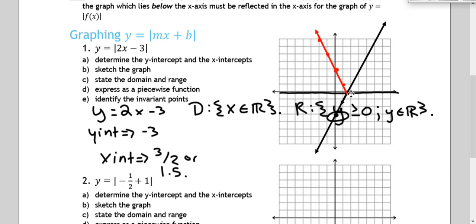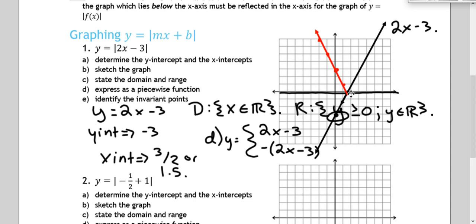A piecewise function. So we have the piecewise function that is either the negative or the original. So we go y is equal to, we have our original function, which is 2x minus 3, and now we have negative 2x minus 3. So this function in black, 2x minus 3, exists from this invariant point onwards this way.